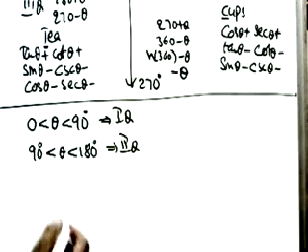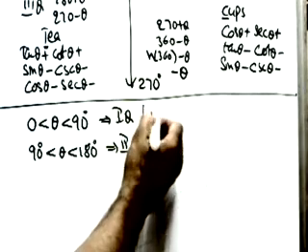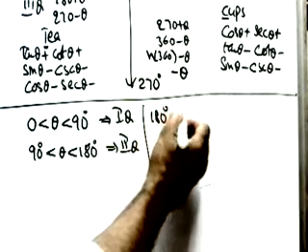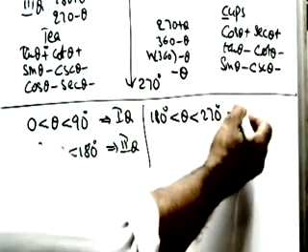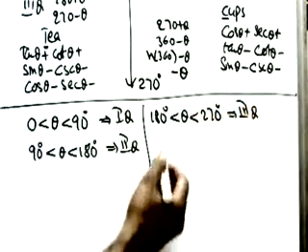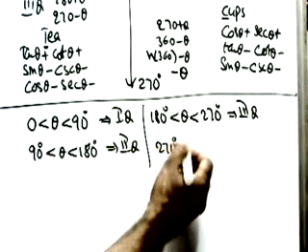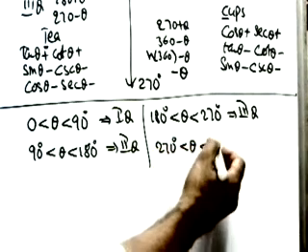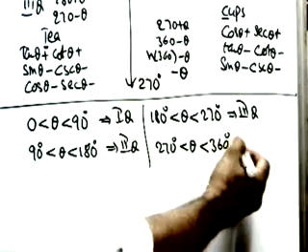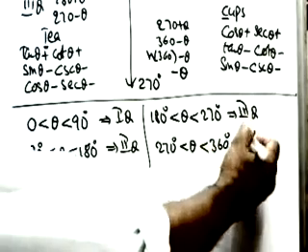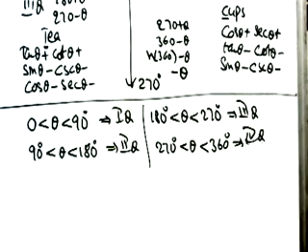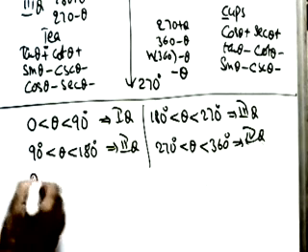From 180 to 270, 180 degrees less than theta less than 270, this is the third quadrant. And from 270 to 360, 270 degrees less than theta less than 360 degrees, we say this is the fourth quadrant. So this is one way of writing with symbols.